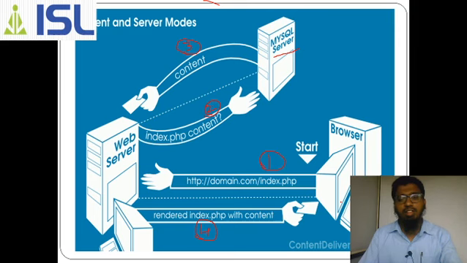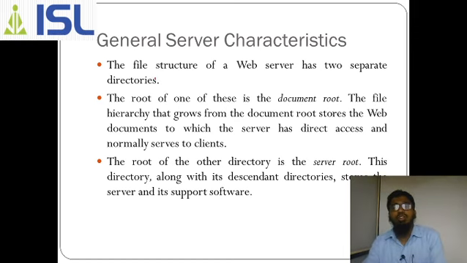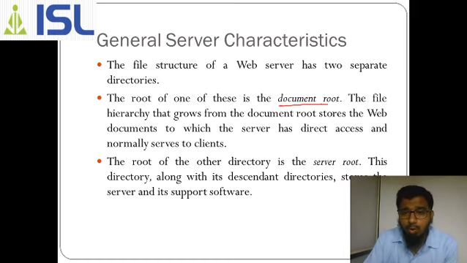Why I am showing this: because when we develop a website, we will work on client server mode only. Okay, general server characteristics. The file structure of a web server has two separate directories. This is very important. File structure: first one is the document root, second one is the server root.